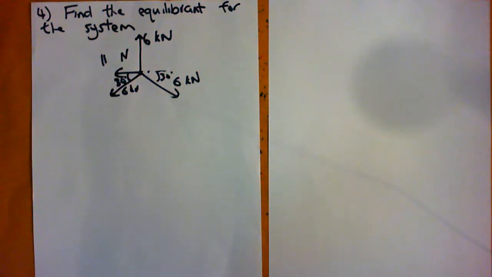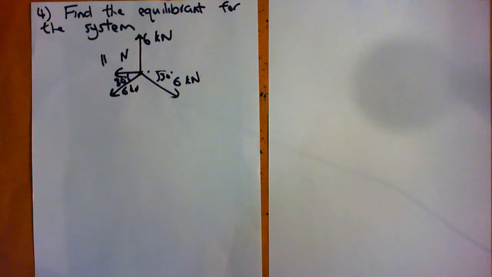Hello viewers, question 4, and we now move on to finding the equilibrant of a force system. So previously we have been looking at the resultant, which is when we combine several vectors, what would the single vector be that would have the same effect.